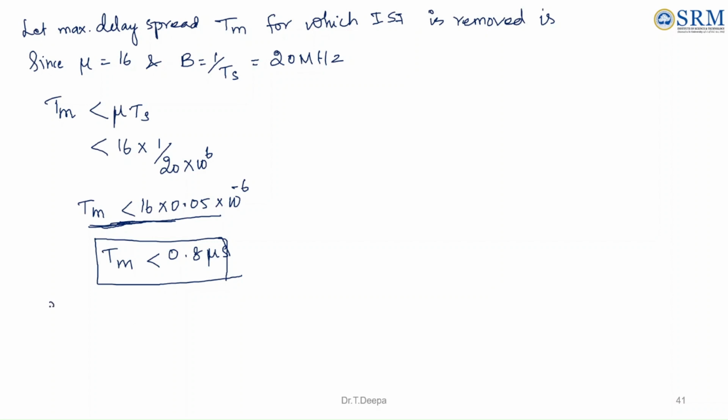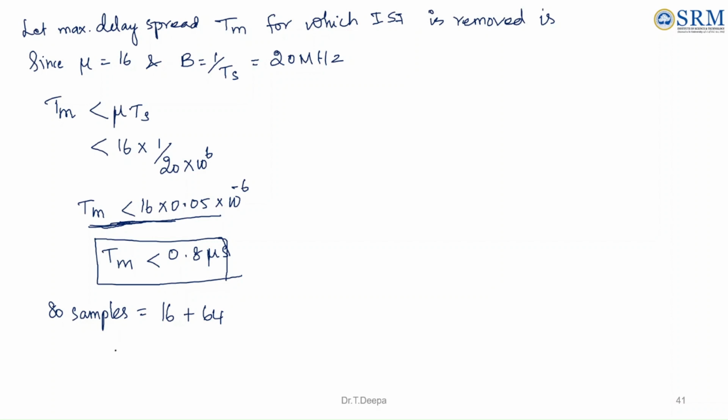Those 80 samples total include the cyclic prefix and the IFFT data of 64. So the total is 80 samples per OFDM symbol time.